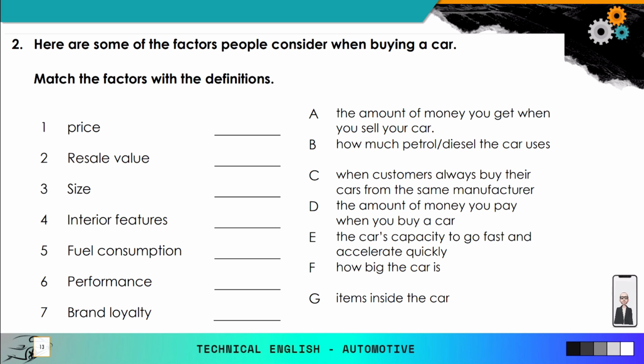While on the right, you have the definitions, namely, you've got the amount of money you get when you sell your car, or how much petrol or diesel the car uses, when customers always buy their cars from the same manufacturer, the amount of money you pay when you buy a car, the car's capacity to go fast and accelerate quickly, how big the car is, or items inside the car.